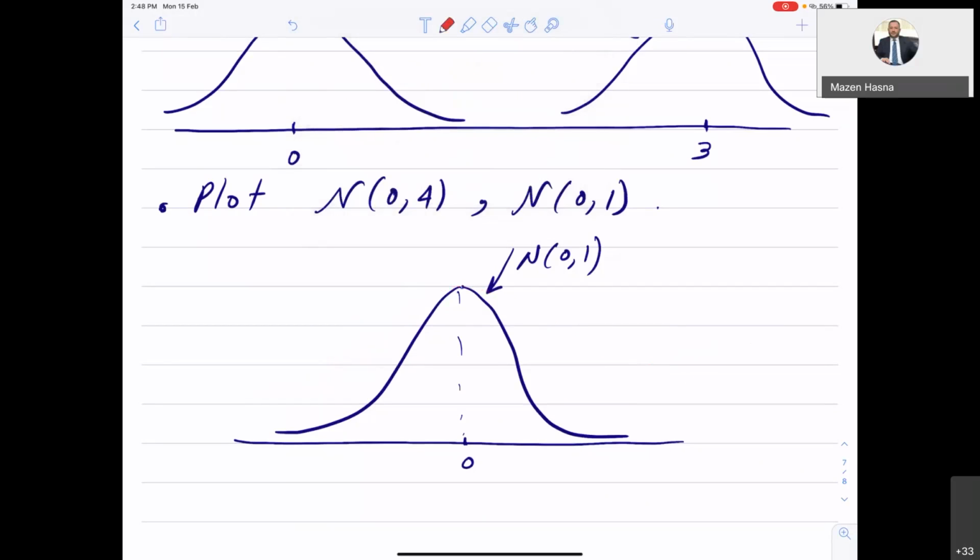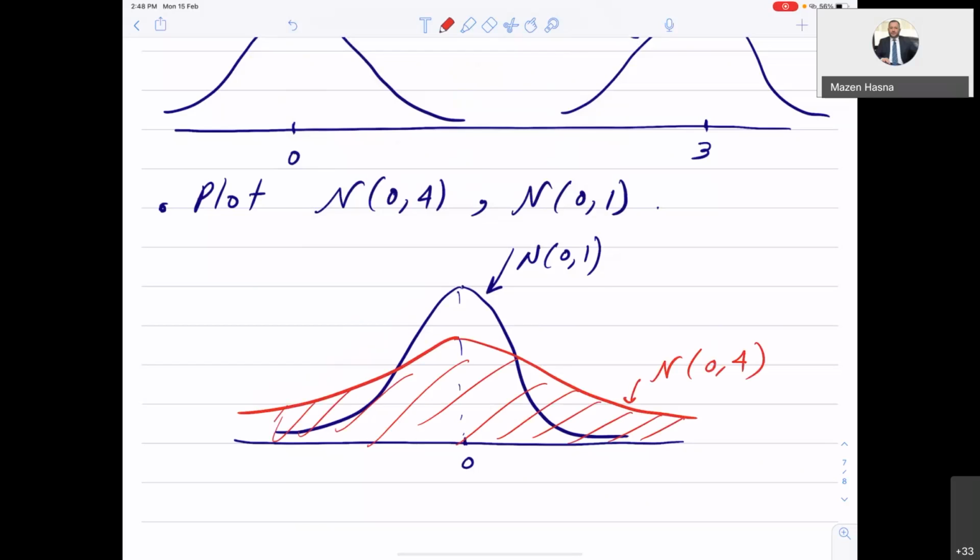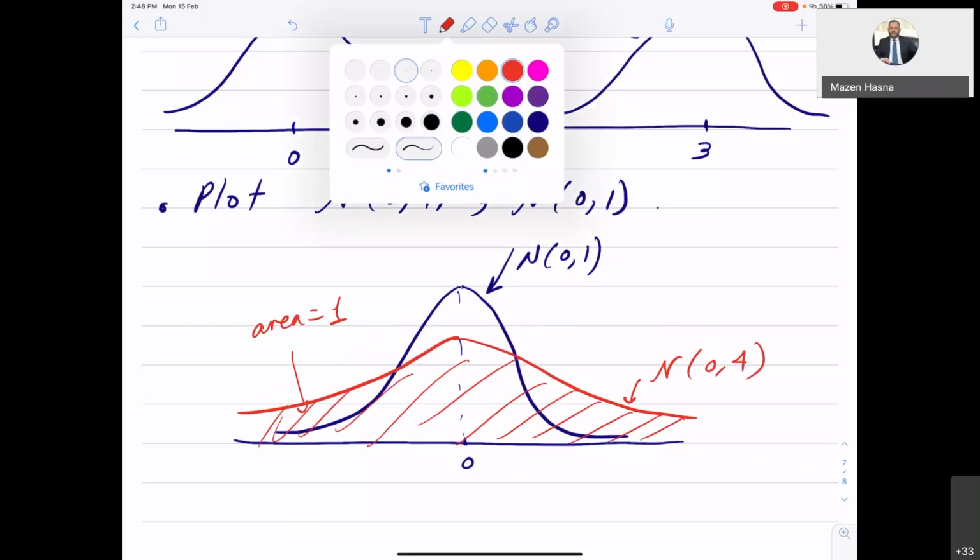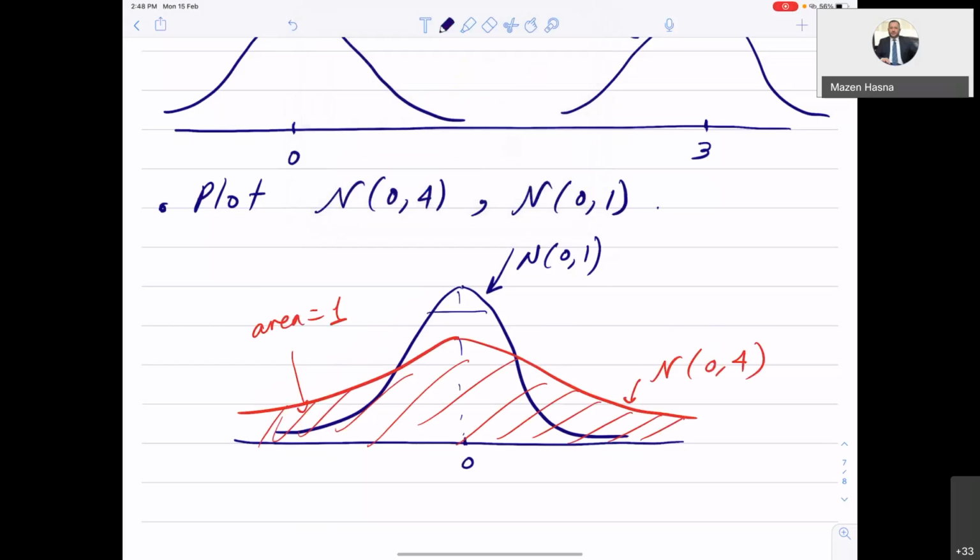It should be shorter, so that its area is 1. So this area is 1, and the area for the other is also 1.